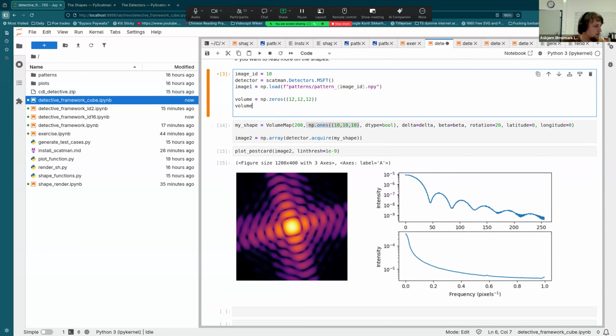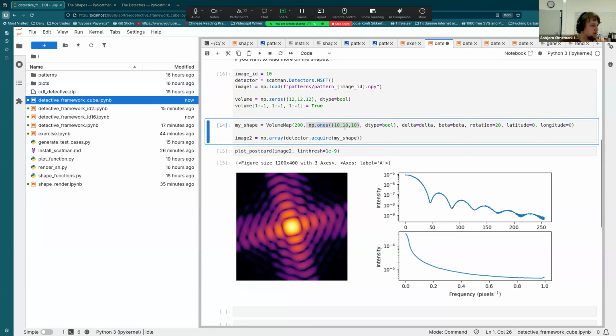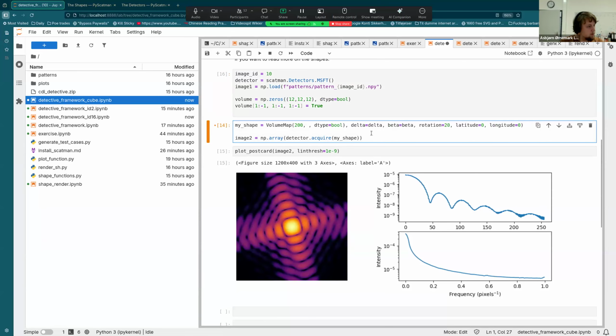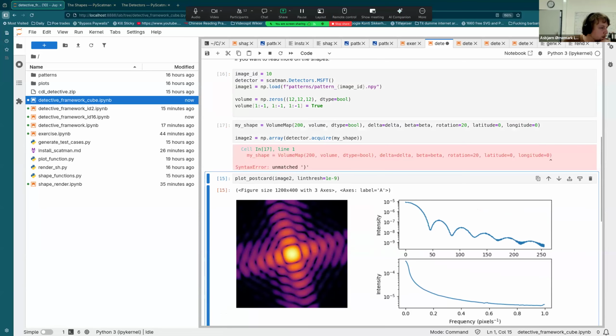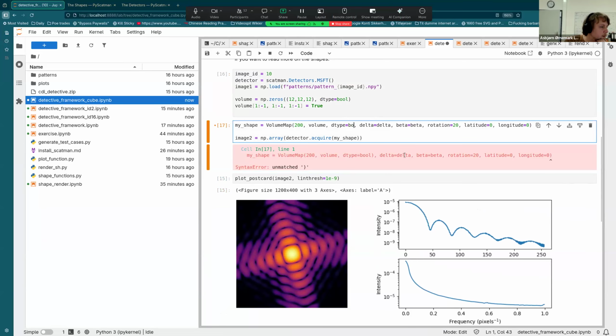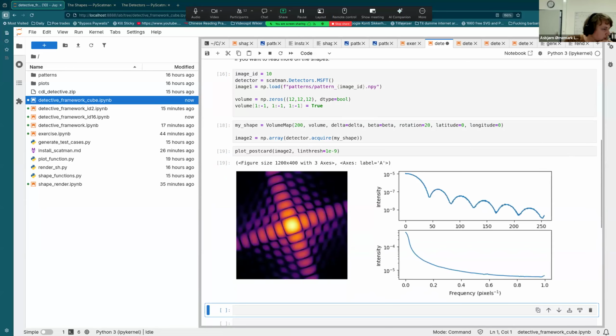And then we're just setting the middle to ones. Looks cleaner. Not as clean as the first one, but yeah.